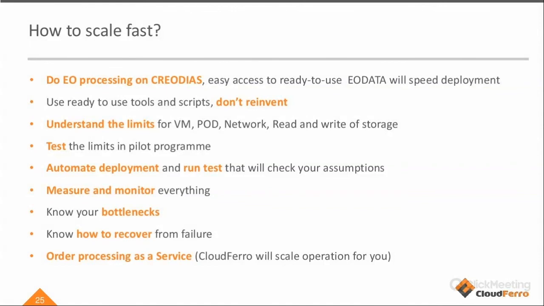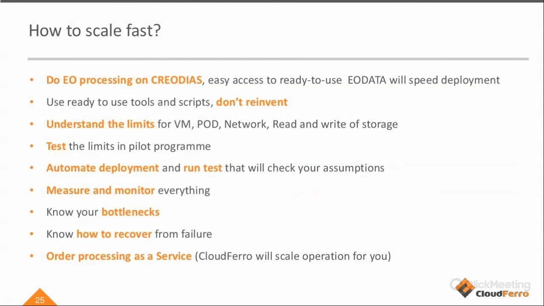There's also one more way: don't do your own Earth observation processing, but ask us for the service. We are expanding our services to do your processing as a service. We don't always need to understand what we are doing, but we have all the workflows there, and we do large-scale processing of your data.